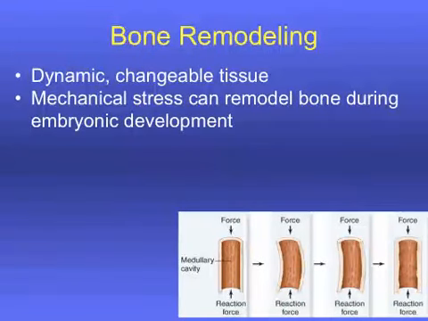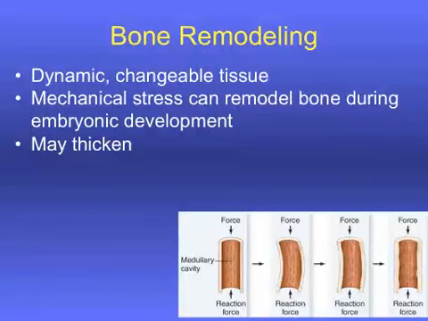This is something we mentioned in class today. Bone is again very dynamic. It can be remodeled in response to stress. We can have thickening of bone, for example. So this little picture down here shows you a case where you have a bone, medullary cavity, compact bone on the outside. We have a force pushing down, which essentially is gravity in the case of this picture. And we have a reaction force, which is the force of the bone holding your body upright against the force of gravity.